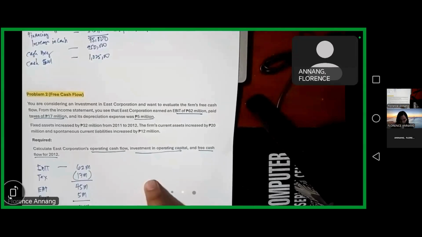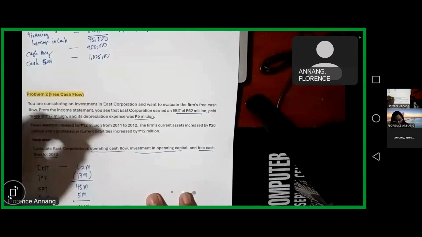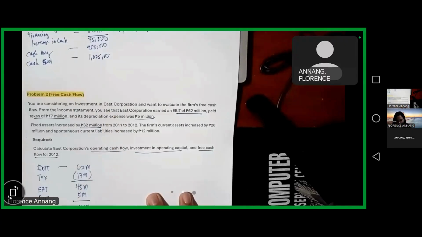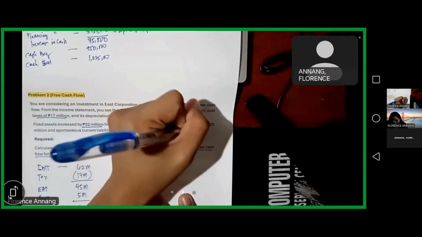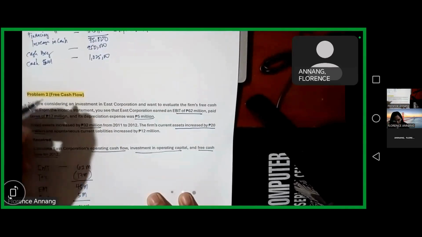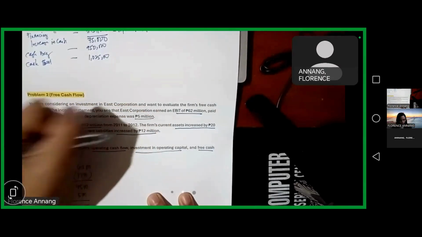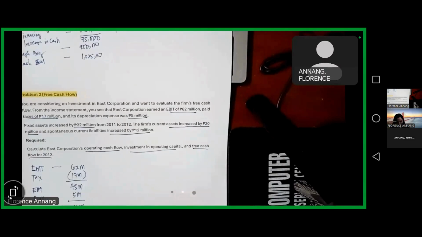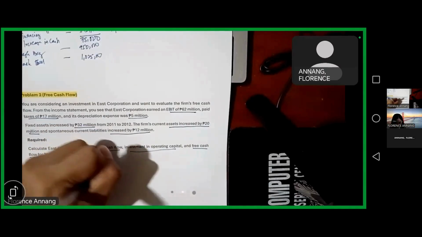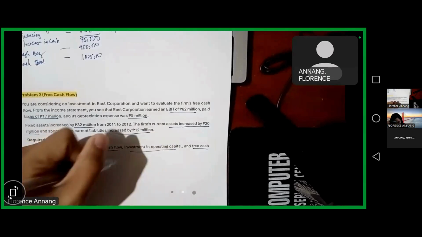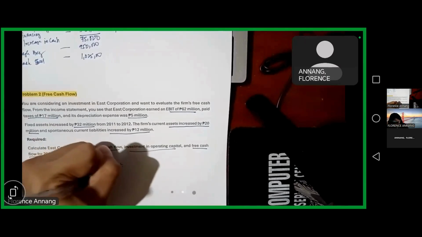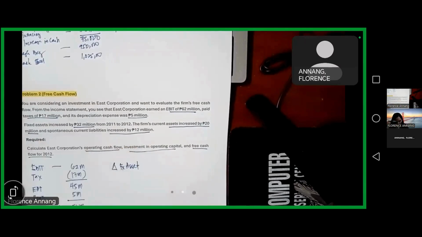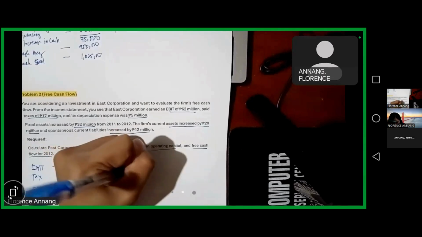Now, anong next? Investment in operating capital. Sabi niya, the fixed assets increased by 32 million and the firm's current asset increased by 20 million while the spontaneous current liabilities increased by 12 million. So, how much is our investment in operating capital? We have our change in fixed asset of 32 million.